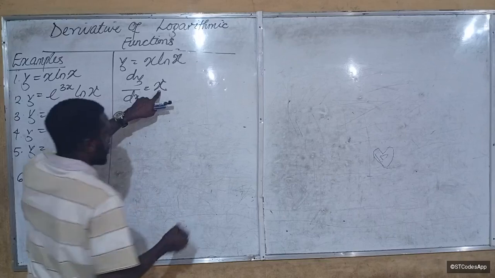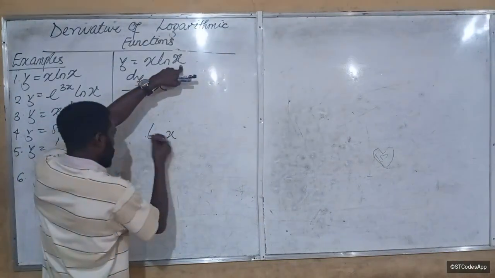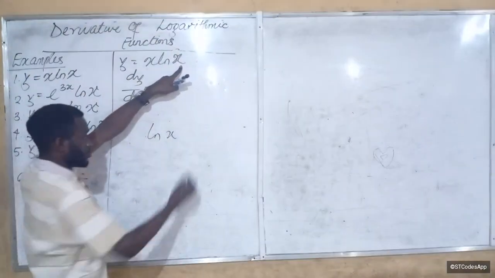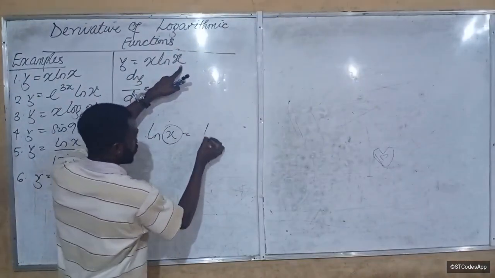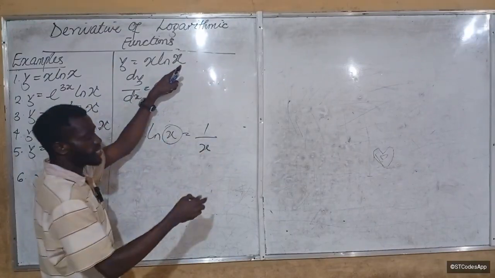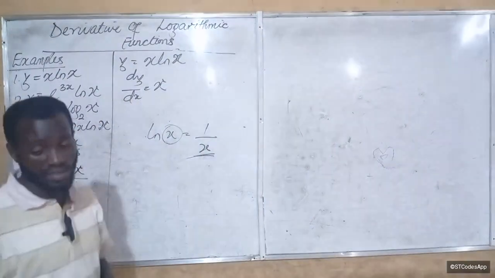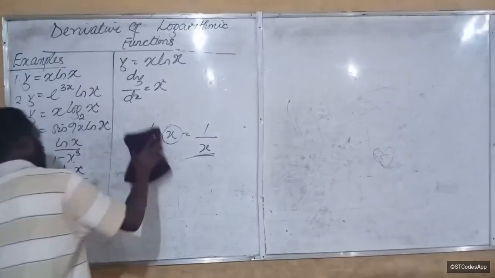Let's hold x first and differentiate ln x. Use the approach I taught you: simply differentiate the function itself, which will be 1 over the function, then ln e. So the derivative of ln x will be 1 over x.